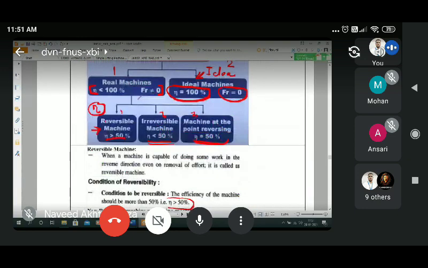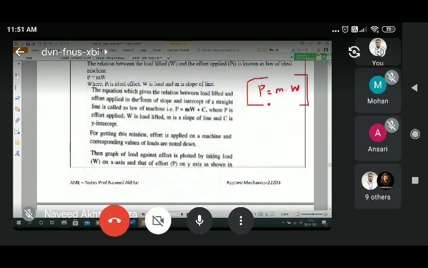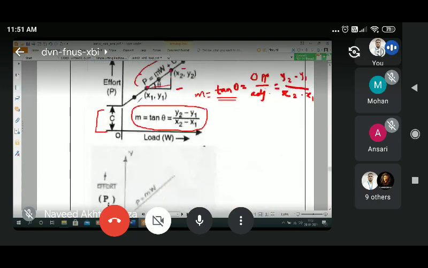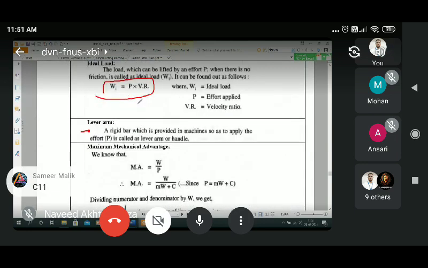So you can understand what the lever arm is. The bar we are using to lift the load easily is the lever arm. It is a rigid bar, and when we jointly use it with the wedge, it is a simple machine.